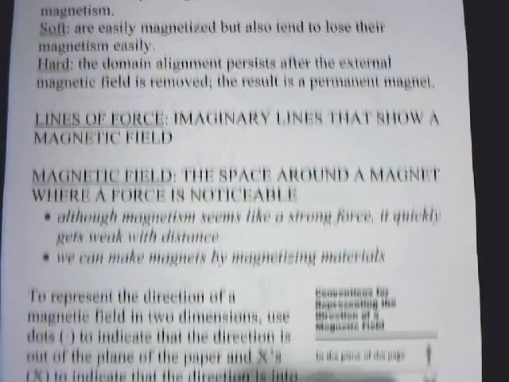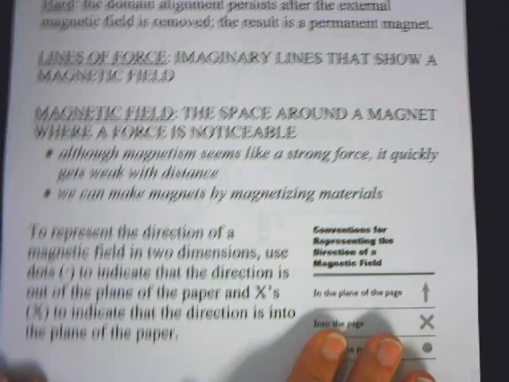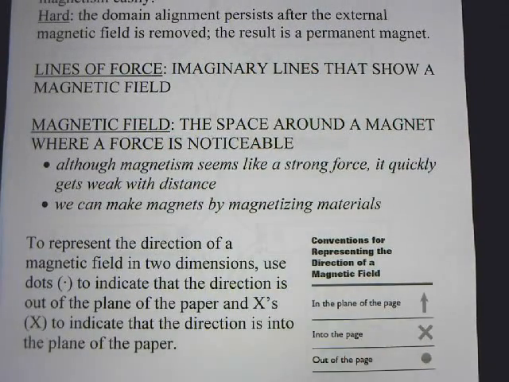Now, when we look at a magnet, and you probably did this in middle school, you cannot see the magnetic field that exists around a magnet, but it exists. Just like, can we see the gravitational field that exists around something? So magnetic fields exist. We can't see them.